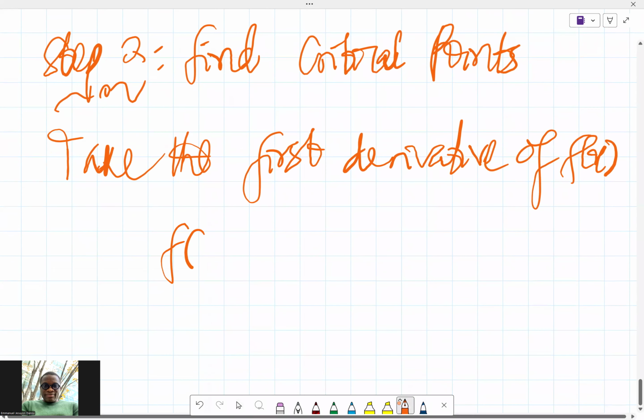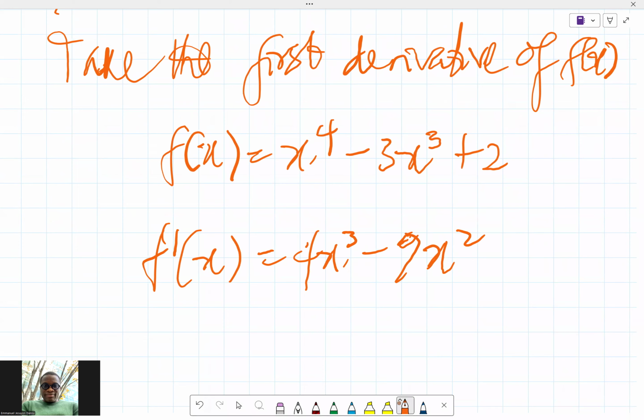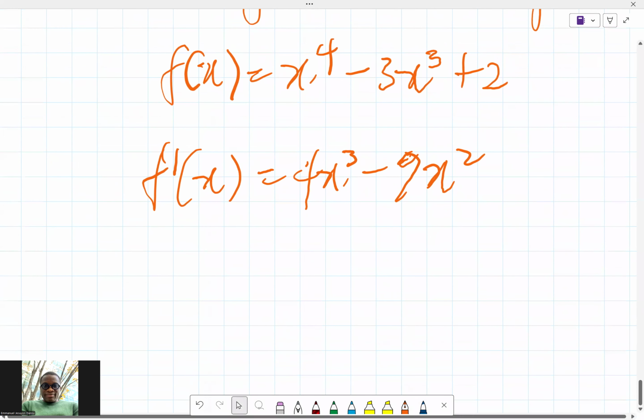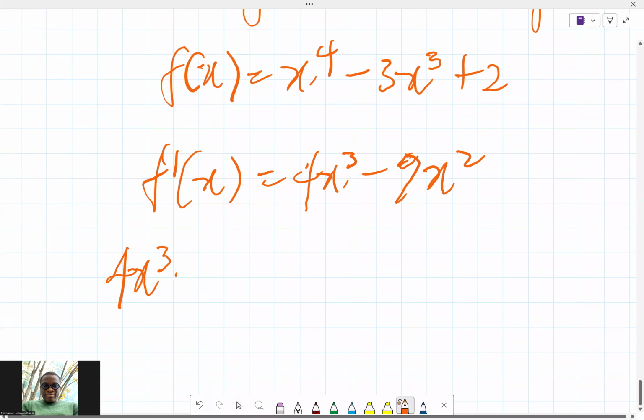You already know f of x is x raised to the power 4 minus 3x cubed plus 2. So the first derivative f prime of x will be 4x raised to the power 3 minus 9x squared. 2 is constant, so that goes to 0. We can equate this to 0: 4x cubed minus 9x squared equals 0.